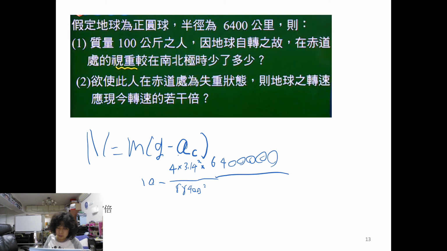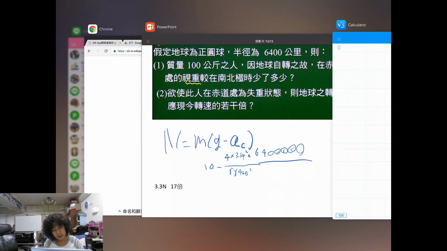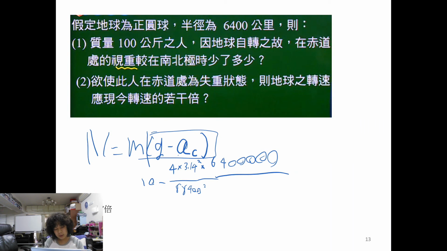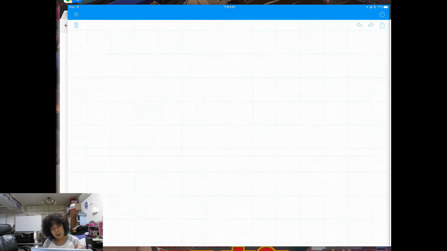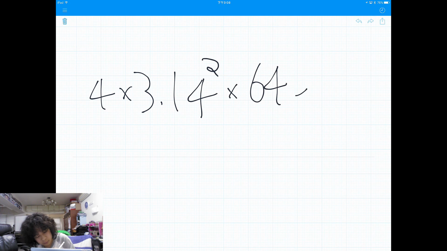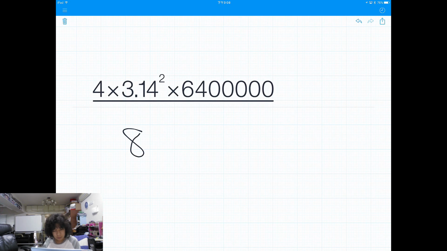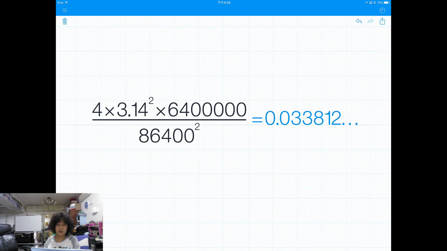So now it's calculation time. I'm going to open my calculator. First I'm going to calculate this thing right here. 4 times 3.14 squared times, divided by this.